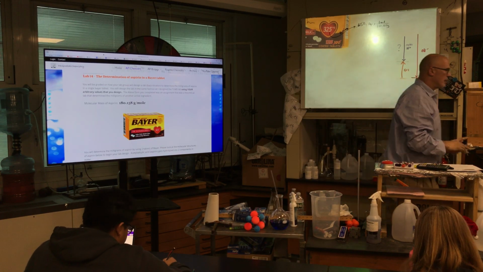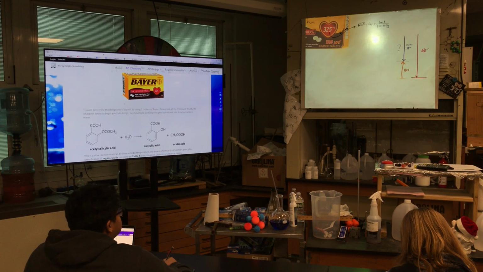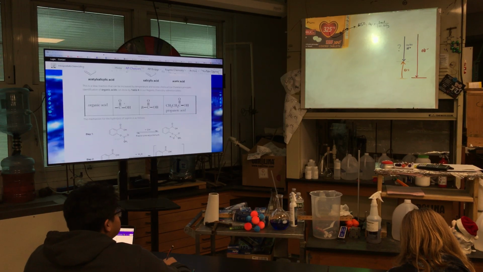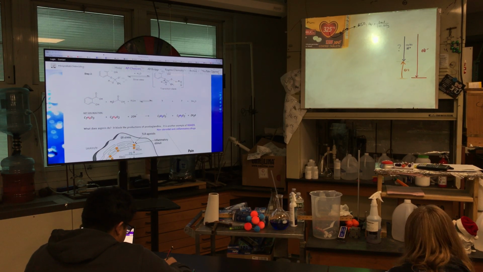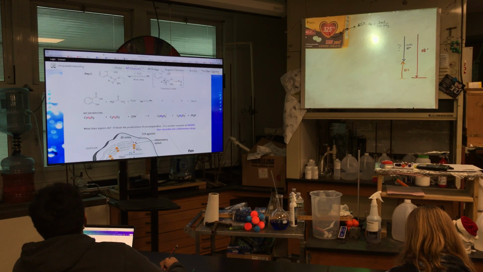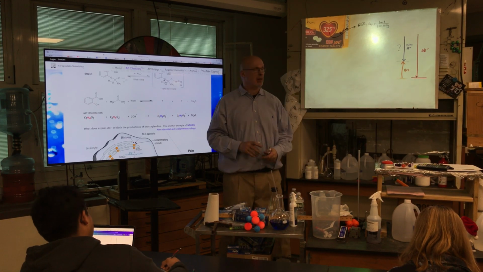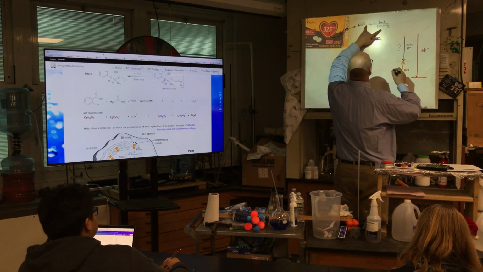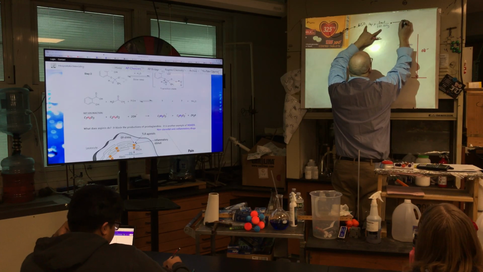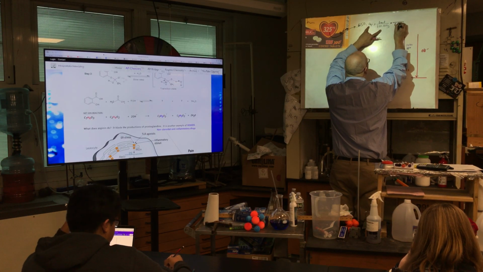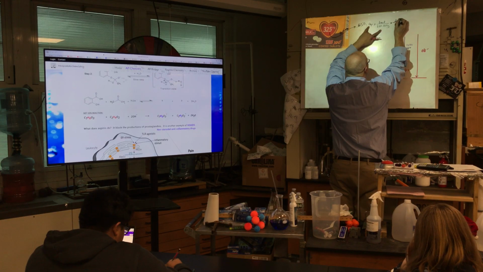We know that the hydrolysis of the acetyl group is going to render 2 acid molecules that came from the aspirin that need to be neutralized. So, we know that for every 1 aspirin, 2 hydroxides are going to be needed.